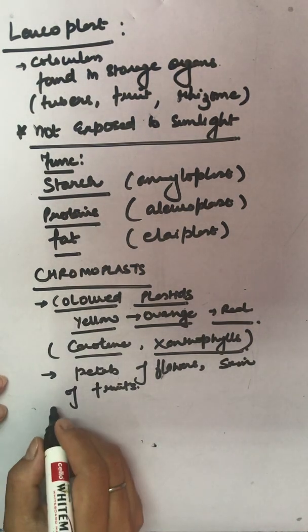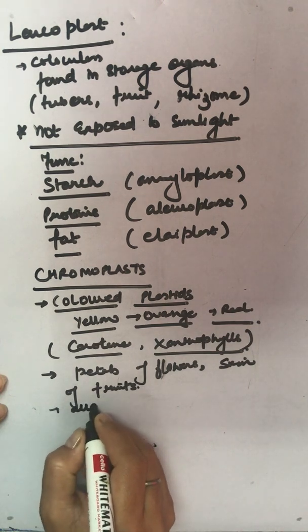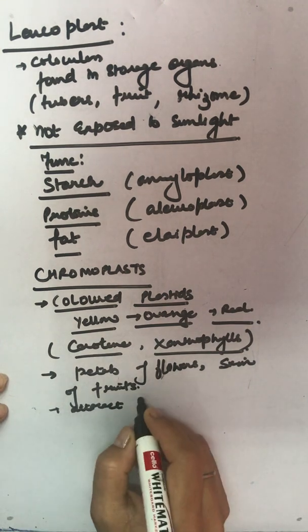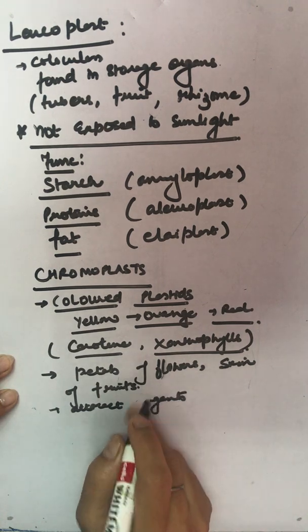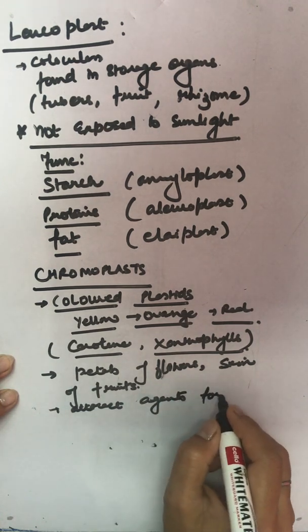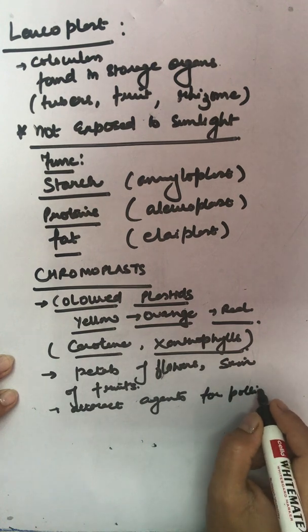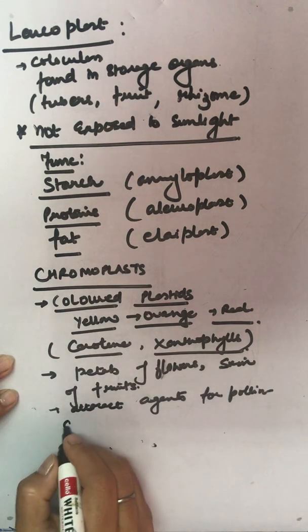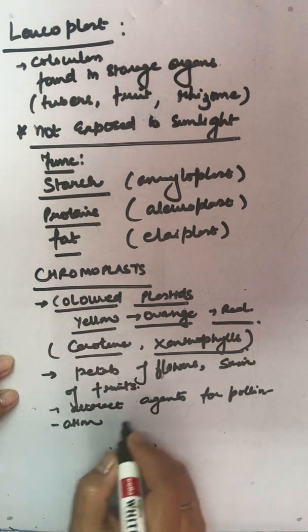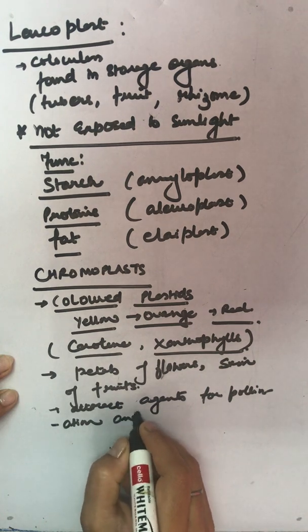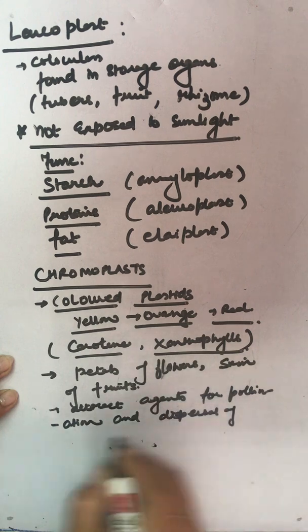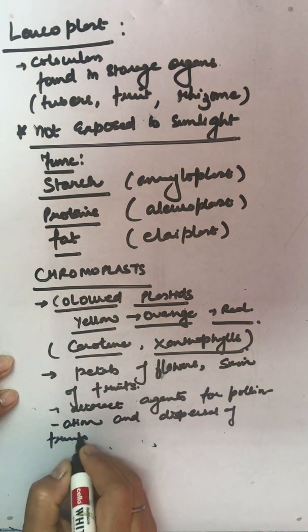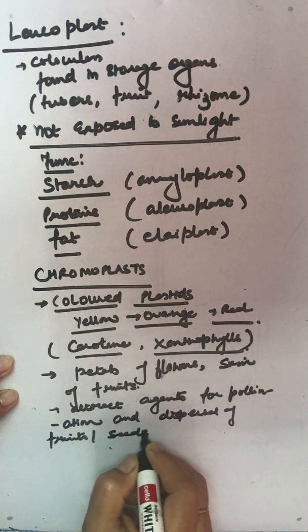Then they attract agents for pollination, and dispersal of fruits as well as seeds.